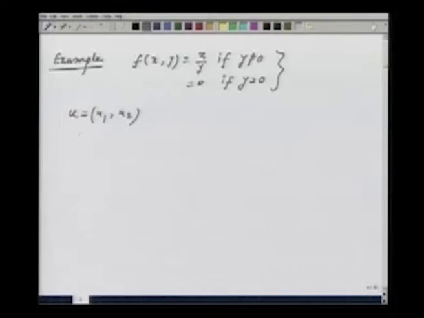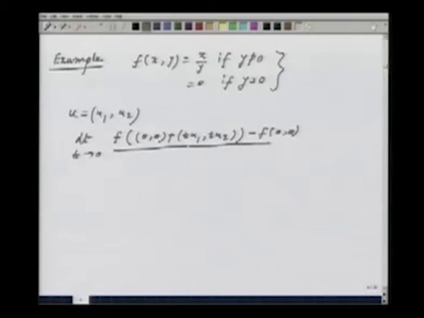Then I want to calculate the directional derivative at, let us say, (0,0). It is the limit as t goes to 0 of f of (0,0) plus t(u1, u2), minus f of (0,0), divided by t. What I get is the limit as t goes to 0 of f(t u1, t u2) divided by t.